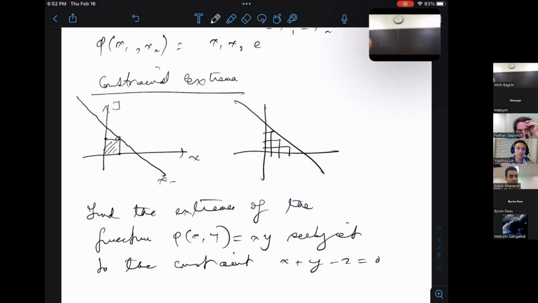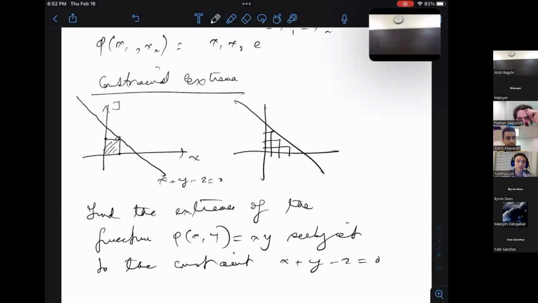This straight line has the equation x plus y minus 2 equal to 0. Okay? So this is an example of a constrained problem.